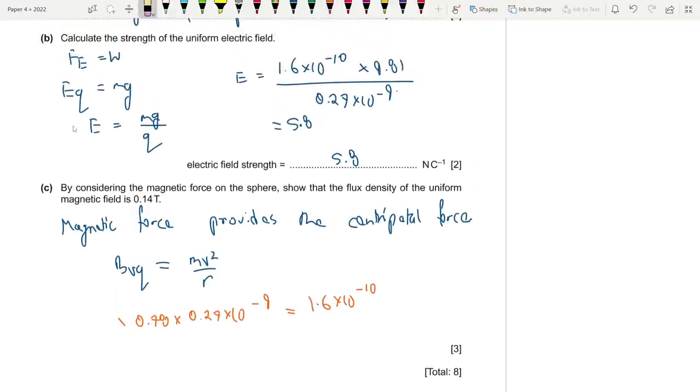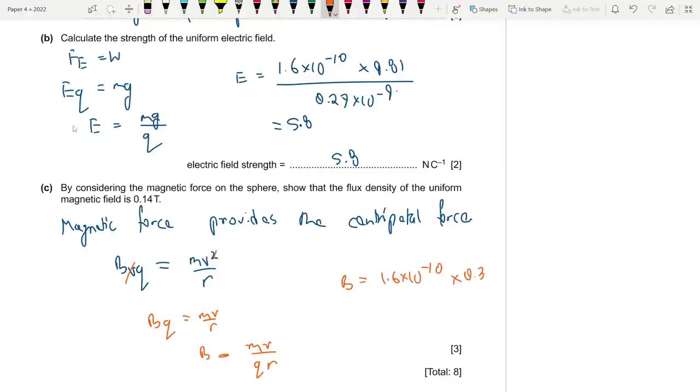We can actually get rid of one of the velocities, my bad. If we get rid of this, we end up with BQ is equal to mv by r, or B is equal to mv by qr. Okay, so B is equal to 1.6 × 10^-10 times 0.34 meters divided by Q, 0.27 × 10^-9 times R, which is, wait, this is BV, right? My bad.